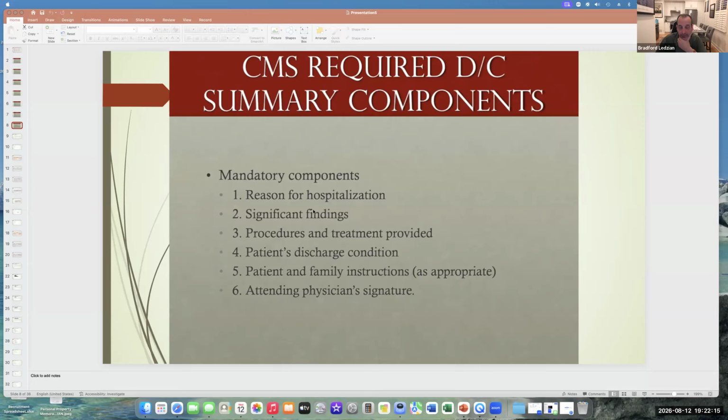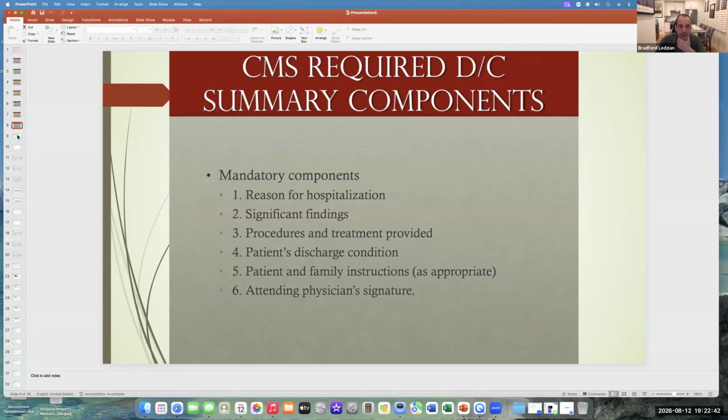If you're not, then that's a problem that needs to be remedied. The reason for hospitalization, which we covered, that's your admitting diagnosis, essentially. Significant findings, any procedures or treatments provided. That's why we maintain a list of all of the operations and procedures that they had. Patient's discharge condition, patient and family instructions, and then the attending physician's signature.